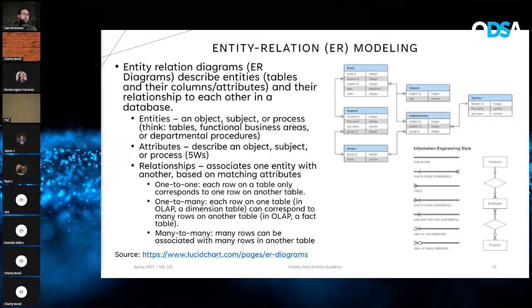However, this source right here from Lucidchart will tell you a lot of the things you need to know about ER diagrams. And I think it even gives you some examples of when practically many-to-many relationships can be used. But the relationships that you will primarily see in data analyst and business intelligence work are one-to-one and one-to-many relationships. So as long as you know those two, you should be okay.